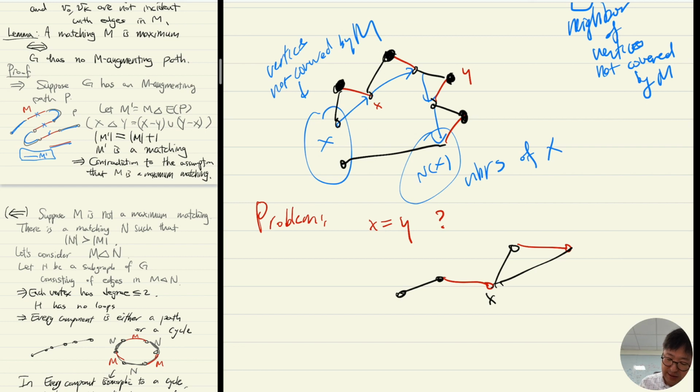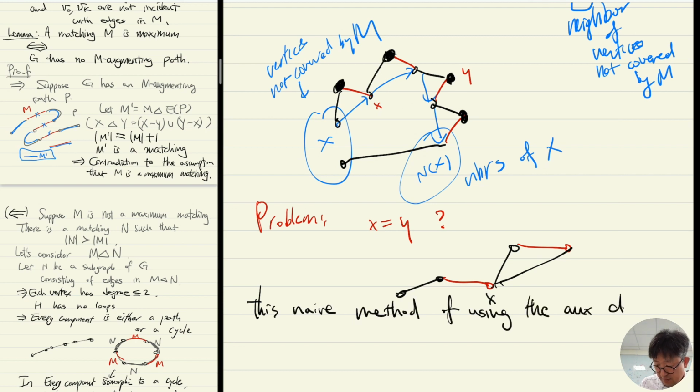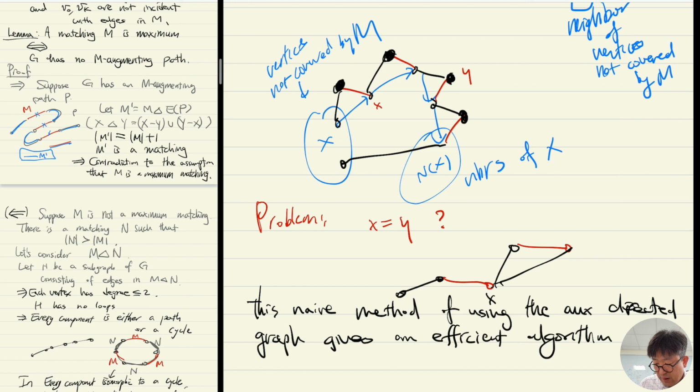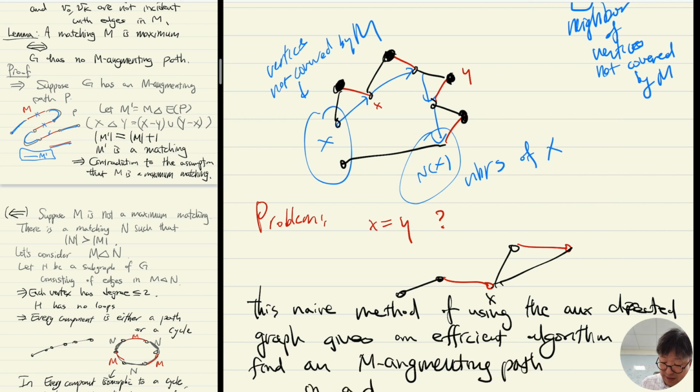So this naive method of using the auxiliary directed graph gives an efficient algorithm to find the M-augmenting path in a bipartite graph.